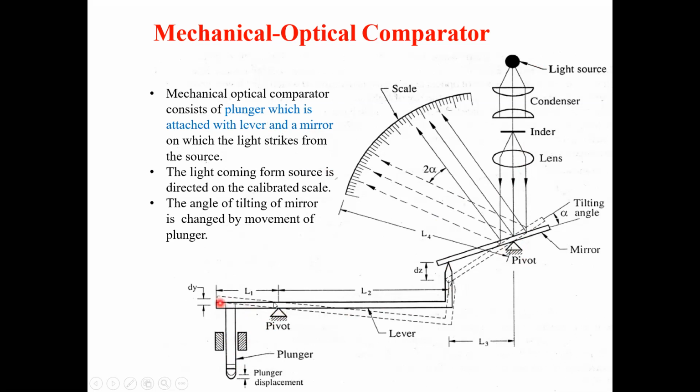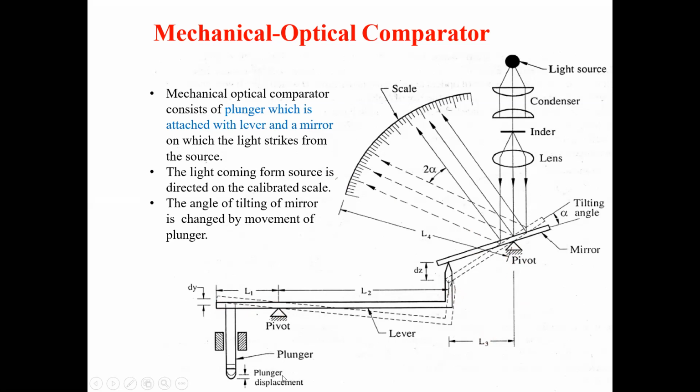The length up to this pivot is L1. From here, the length is L2. Between this end of the lever and the pivot point of the mirror is L3. From the pivot to the dial is L4. Clear?